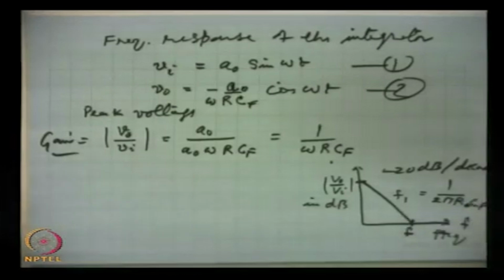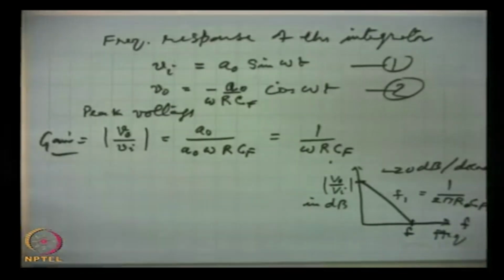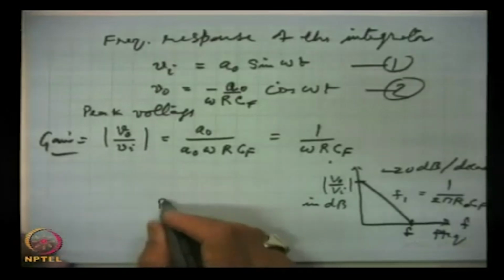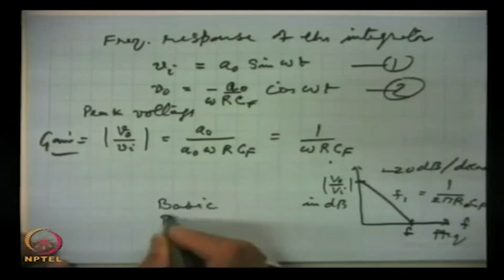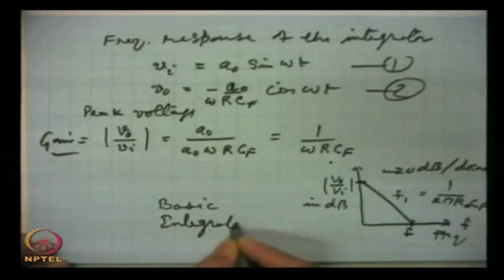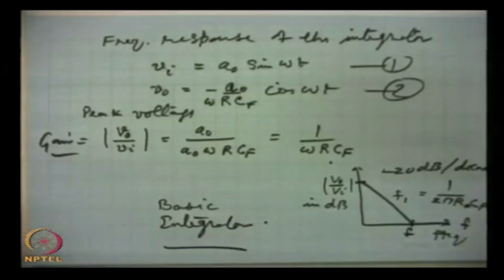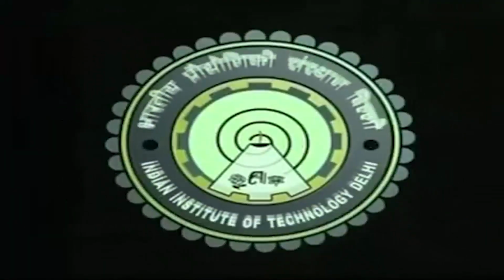So this is the frequency response for the basic integrator, and how this is modified for the case of the practical integrator, we will take further and discuss other circuits also.